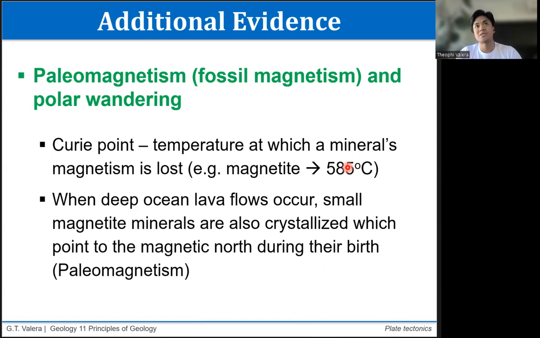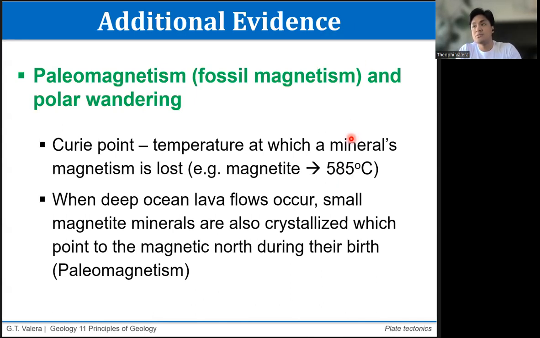So of course, the south pole of your magnet will be attracted to the Earth's north pole, and the north pole of that magnet will be attracted to the Earth's south pole. So, yun yung effect niya.